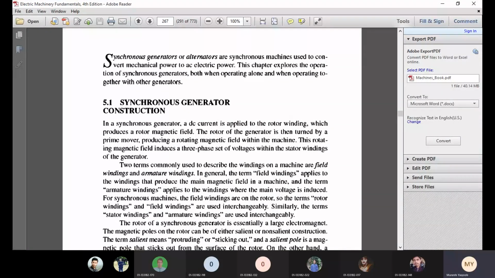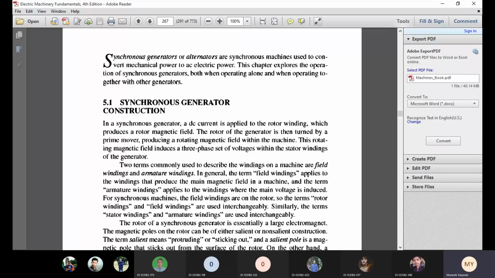This is basically a short introduction of synchronous machines. Why do we use the word synchronous? Because synchronous machines rotate at a fixed speed. They do not change their speed. They rotate at a fixed constant speed. Therefore, we say that these machines are synchronous machines.